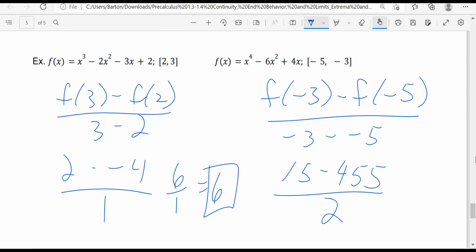And for this other one, the end value was negative 3, the starting value was negative 5, so once again, formula time. f of negative 3 is 115, and f of negative 5 is 455. So subtract, you get negative 340, but remember you have a denominator difference of 2. So you're dividing this one, and you'll get negative 220. I appreciate you watching, and I will see you in class.